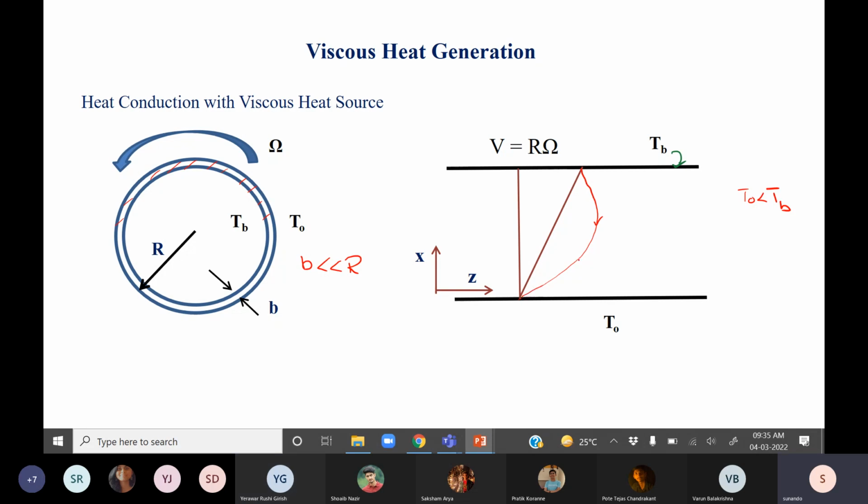If there is enough viscous heat generation, then the temperature in between the two plates could be more than either of the plates, even the plate with the higher temperature TB. So this sort of nonlinear profile may result. Can you recall something that you have studied in fluid mechanics or momentum transfer where you have seen curves like this?